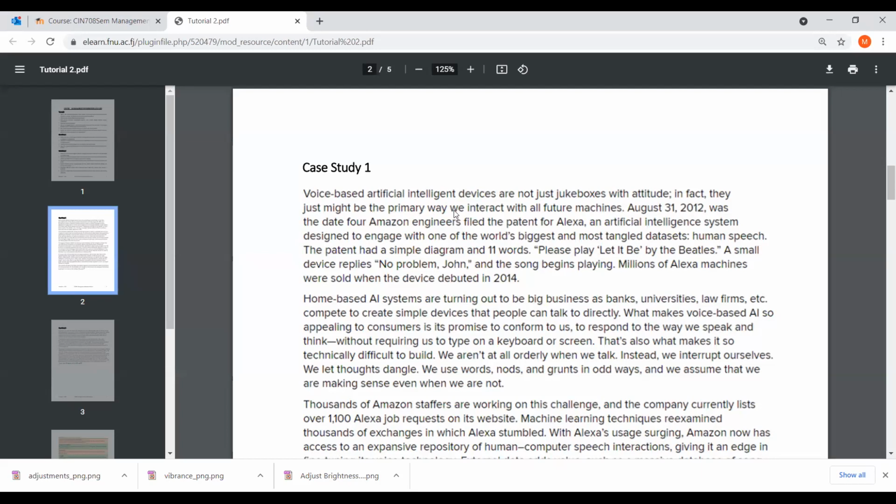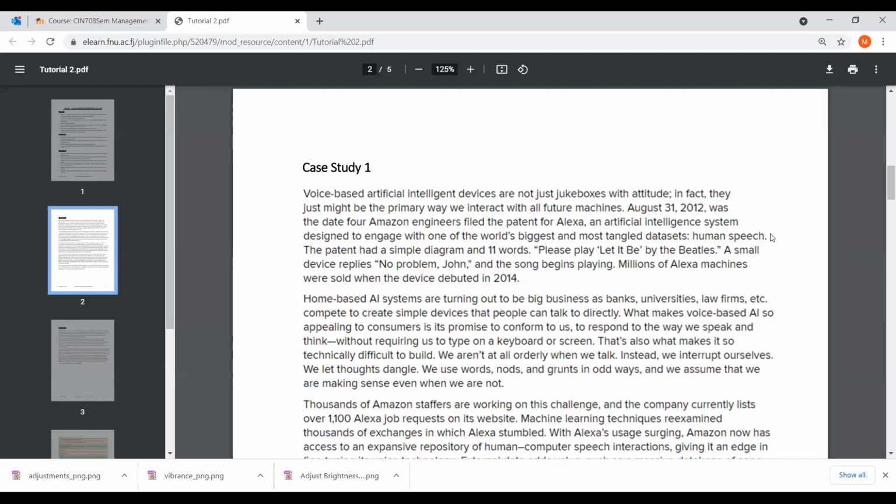August 31st, 2012 was the date four Amazon engineers filed a patent for Alexa, an artificial intelligence system designed to engage with one of the world's biggest and most tangled data sets, human speech. Okay, so what Alexa basically does is a certain amount of work based on human speech.